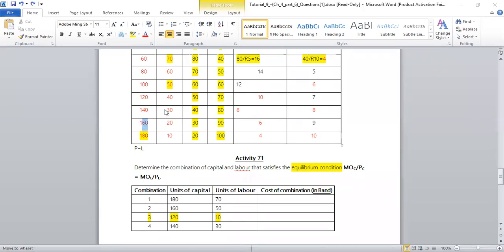Guys, are you following? Yes, sir. Even this one, you can see 10 and 10. But here, which side are we on? Capital. So how many units of capital here? It's 120. We are just taking your given unit, you put it here, 120. This one on labor, how many units of labor? 10.